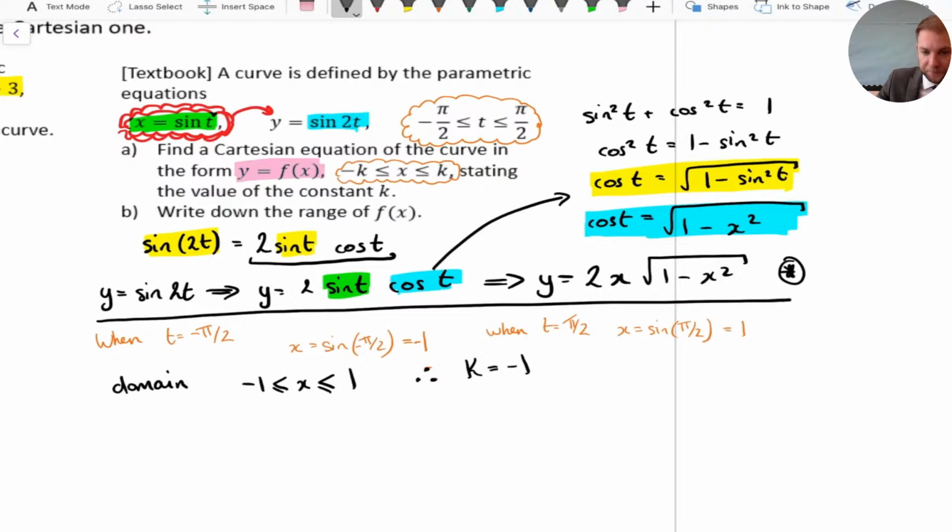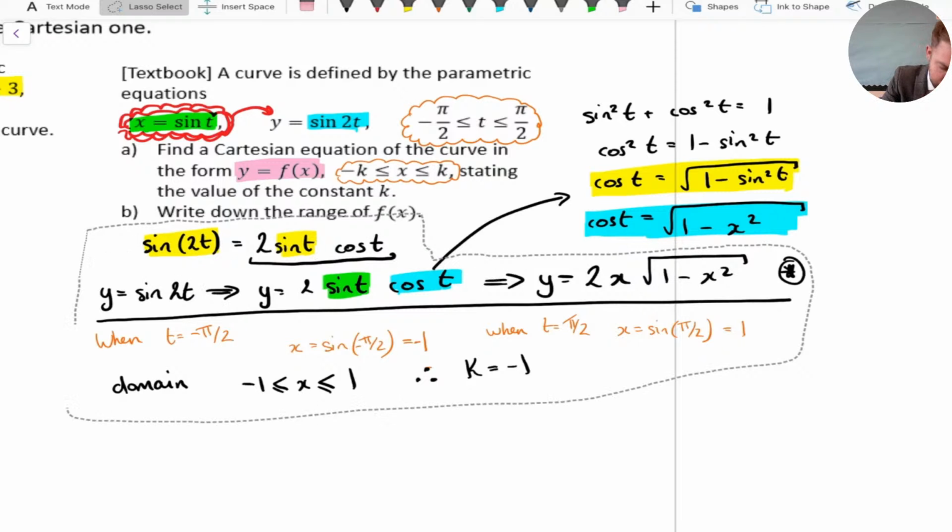So that's part A. Part B is a little bit trickier. It means that we've got to actually think about what we're doing a little bit more.